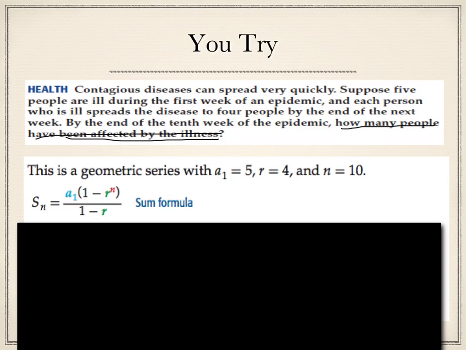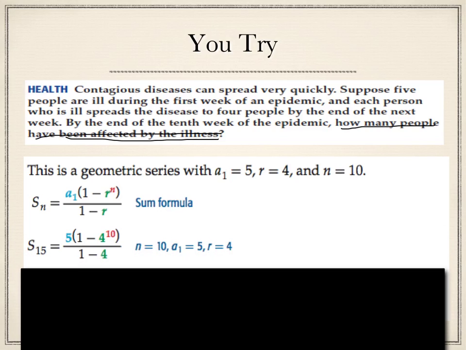So here we start with our sum formula, a sub 1 times 1 minus r to the n, all over 1 minus r. Remember that this n must be inside my parentheses, and it applies only to the r. We plug those in, and we end up with s sub 10 equals 5 times 1 minus 4 to the 10th, all over 1 minus 4.